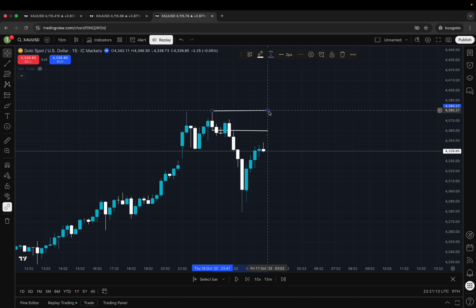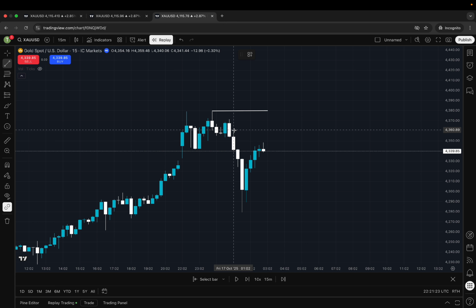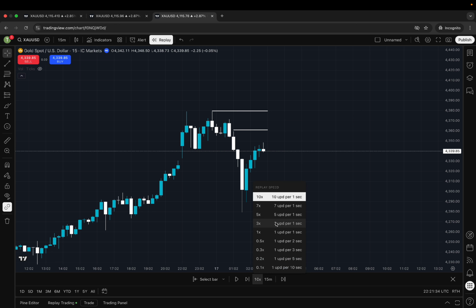This is the zone where our supply zone is. And we also need to mark out some form of liquidity. So I can see liquidity resting right here. We're going to wait for this liquidity level to be taken out and to be tapped into this supply zone. So let's see what happens.